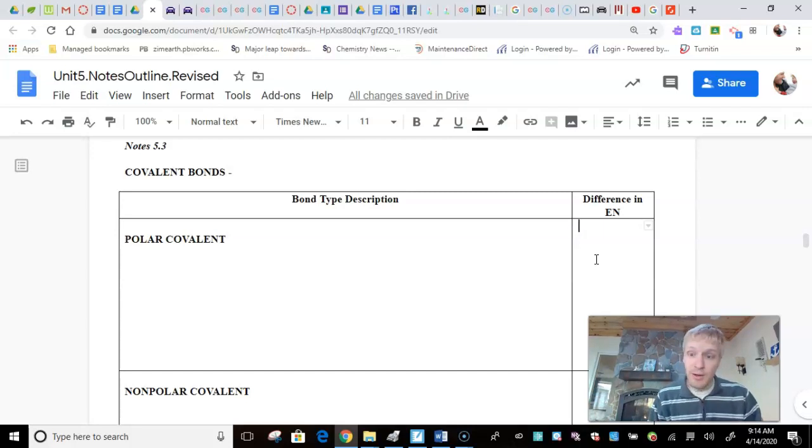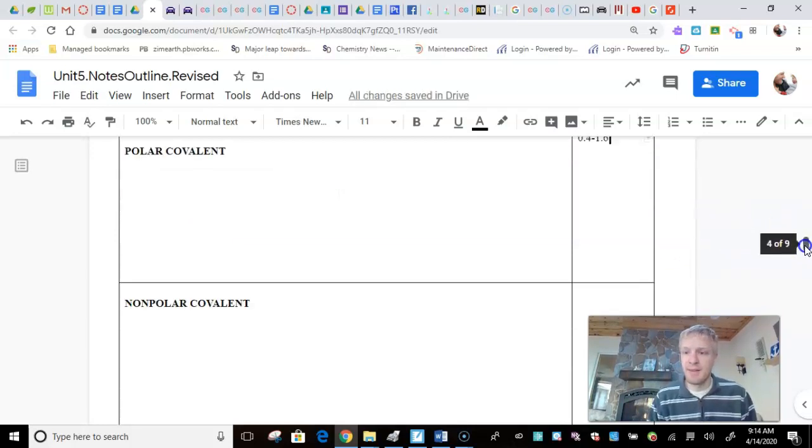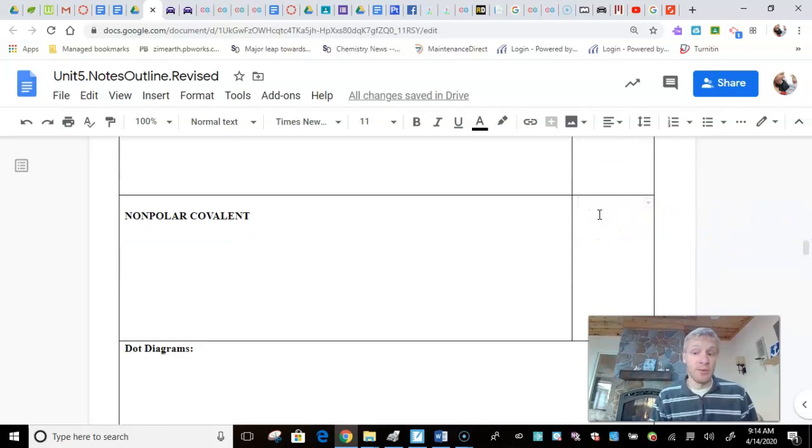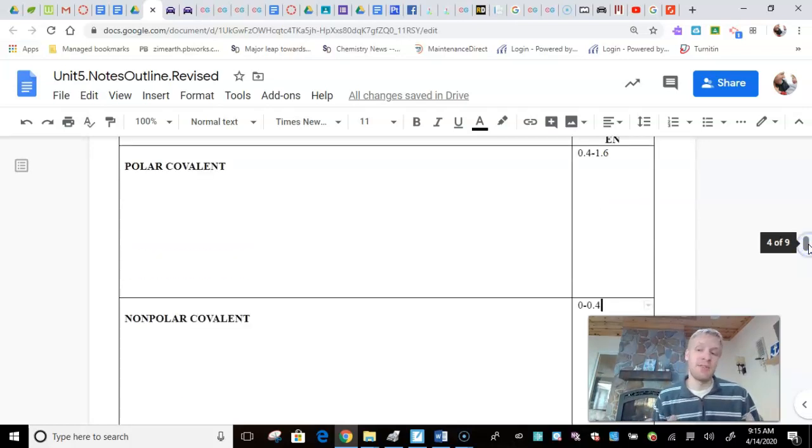If we're talking about polar, it's going to be 0.4 to 1.6 is the electronegativity difference. So the difference isn't as high, and in nonpolar it's even smaller. It's 0 to 0.4 is the electronegativity difference. So they're virtually the same almost, like nitrogen, N2. They have the same electronegativity value, therefore their difference is 0. So they have to share their electrons equally, essentially.